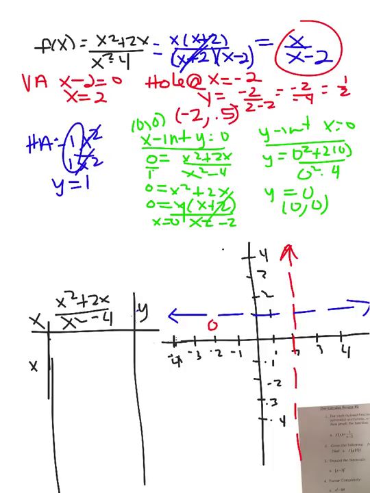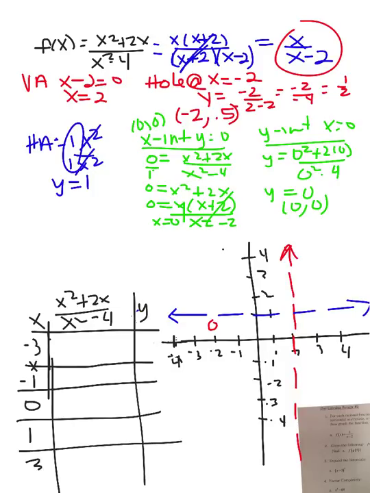All right, so to the left of my hole, I'm going to use -3. To the right of my hole, I'm going to use -1. I'm going to use 0, 1, and then to the right of my vertical asymptote, we'll use 3 and 4.